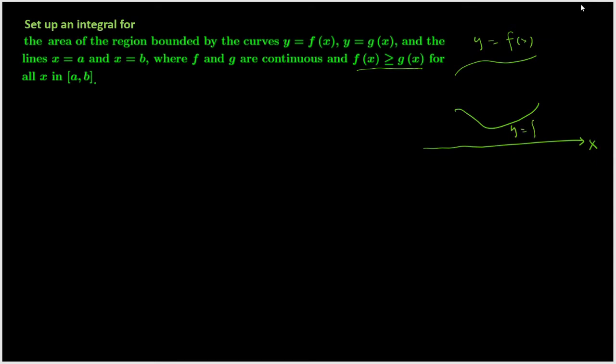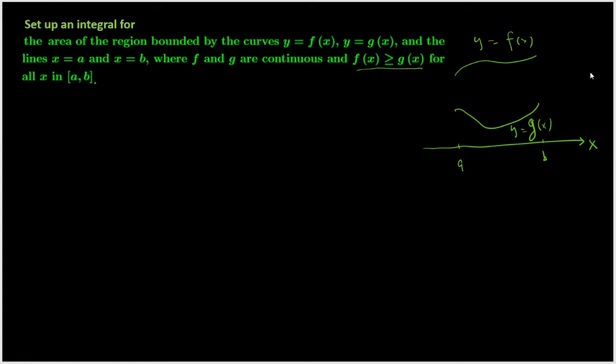I will write the equation y equals g of x. And also there are two vertical lines. One vertical line is the vertical line x equals a. Both functions are defined on the interval from a to b. One vertical line passes through this point on the x-axis. This is the x value of a, and that's the x value of b.